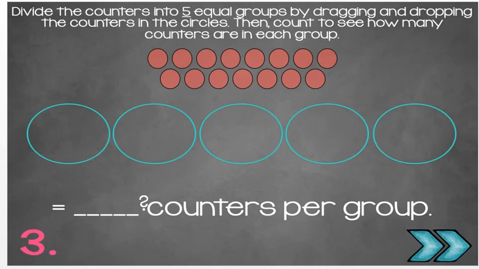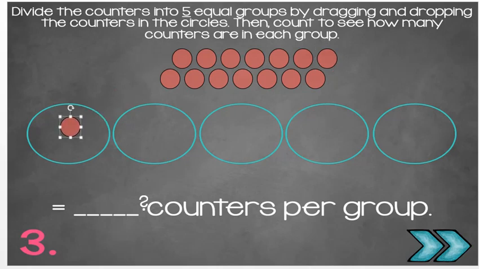Okay, the next question, divide the counters into 5 equal groups. So we have 1, 2, 3, 4, 5, 6, 7, 8, 9, 10, 11, 12, 13, 14, 15. Okay, let's try this out.